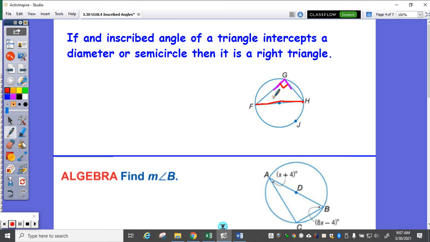So pay attention to that. If this angle intercepts the diameter, it's a right triangle.